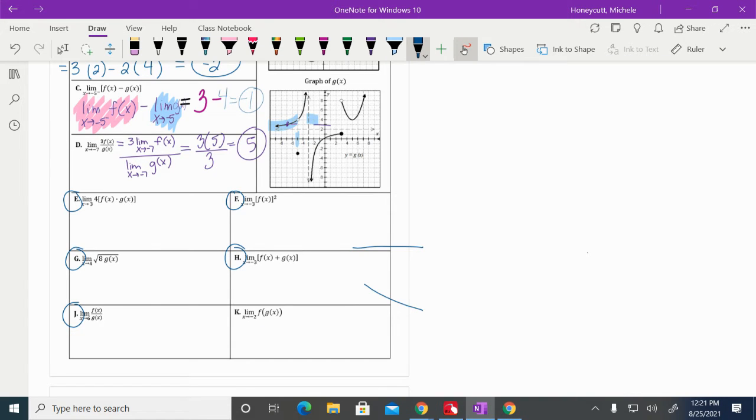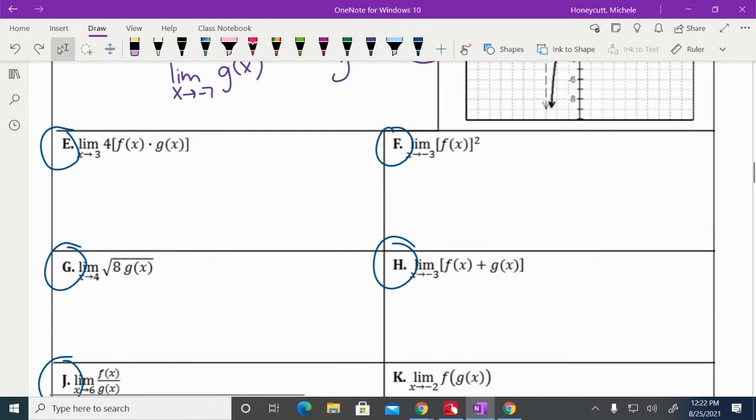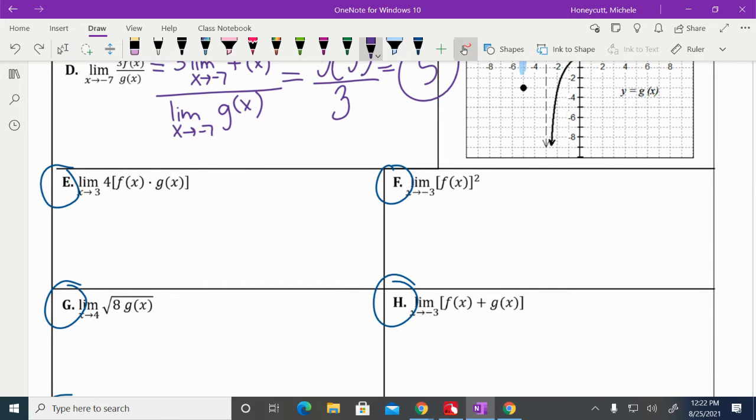Okay, so let's start off. I'll tell you the answers, and then we can work out what we want to work out. All right, so on E, I ended up getting does not exist. On F, I got 36.